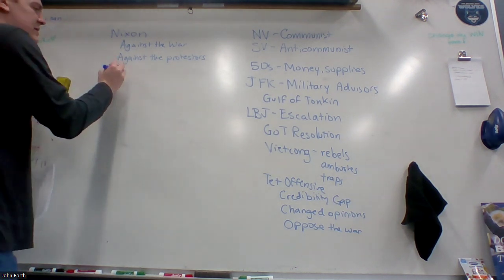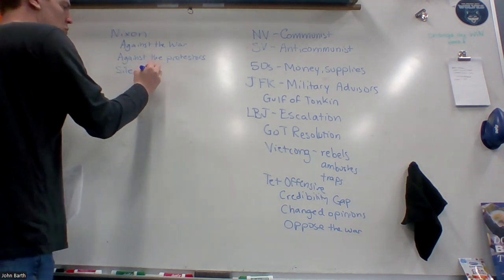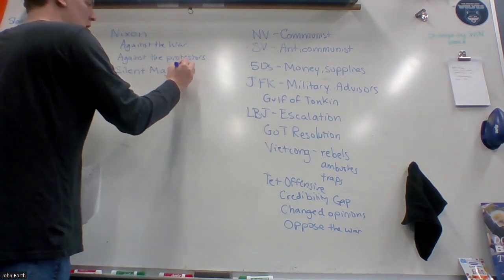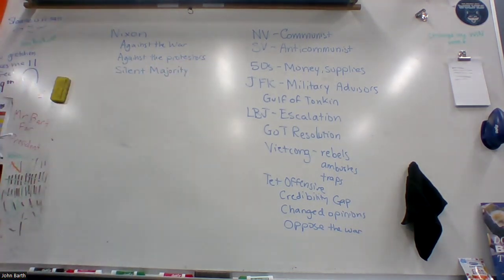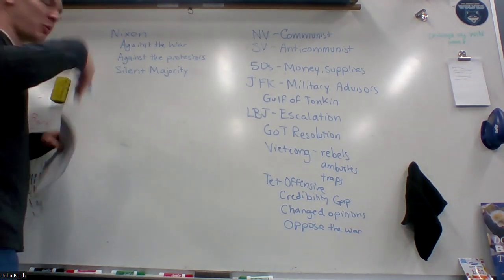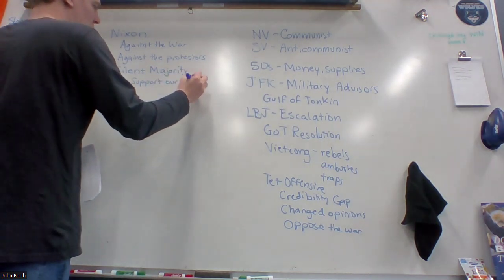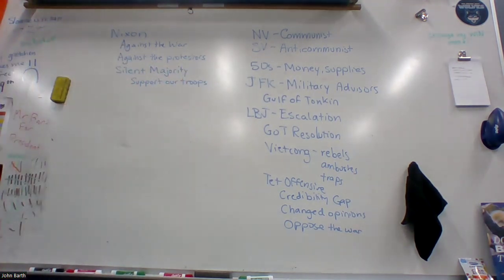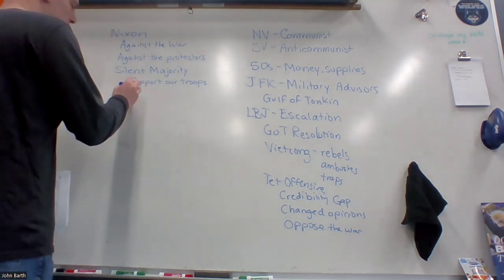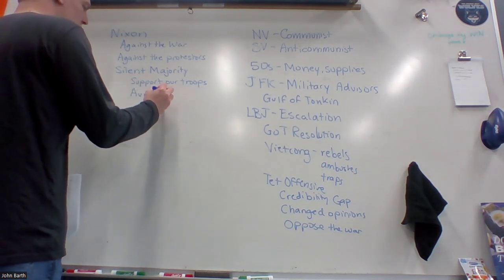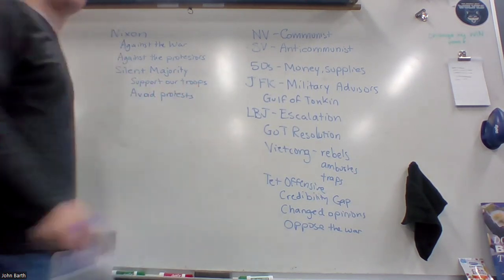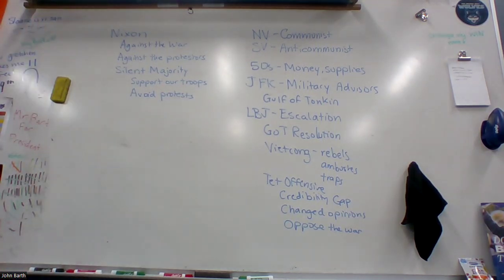Nixon will many times argue he is working for the silent majority, who are people who support our troops. Maybe they don't like how the war has been handled, but they support what we're doing in Vietnam. They support containing communism, but they avoid protests. In many cases, they don't like protesters at all.